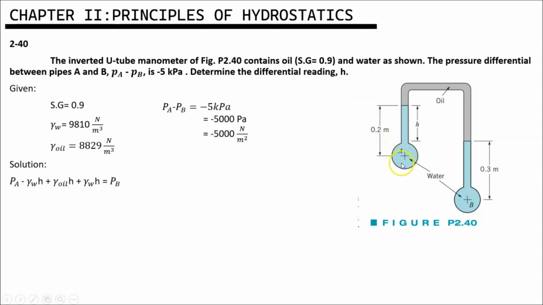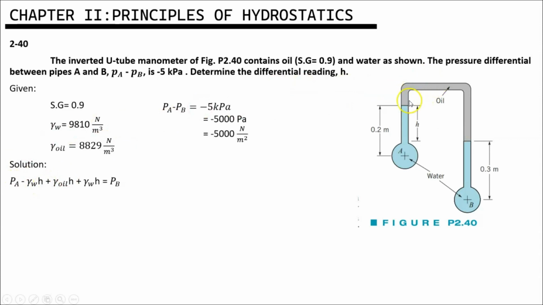Starting here from pressure at point A, from this point to this point, we have the height of 0.2, negative because the direction is going upward. And from this point up to this point, since the direction is going downward, it is positive.